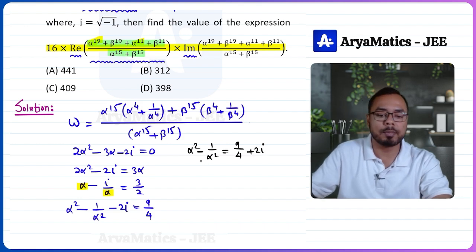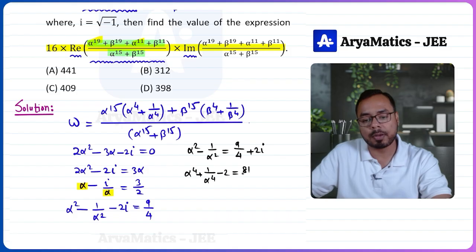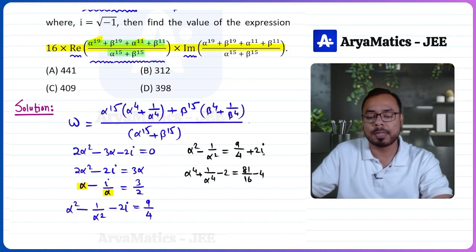We can square one more time to get the value of alpha raised to 4 plus 1 by alpha raised to 4. If I square this one, we'll get alpha raised to 4 plus 1 by alpha raised to 4 minus 2. The right hand side will be 81 by 16 minus 4, and then the twice ab term, where 4 will cancel, so we'll get 9 iota from here.